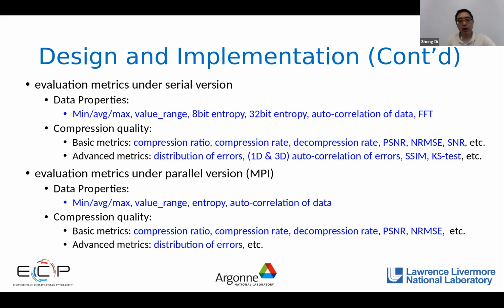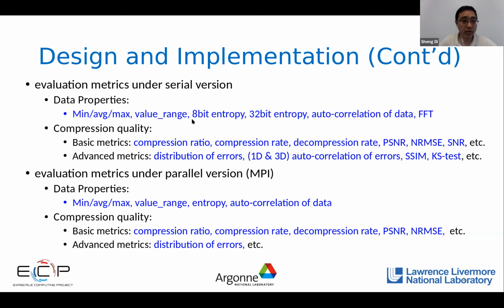Okay, so we present a lot of metrics supported by Z-checker in these slides. Basically, the checker allows users to analyze the data properties of the original data files, and also the compression results based on different compressors.